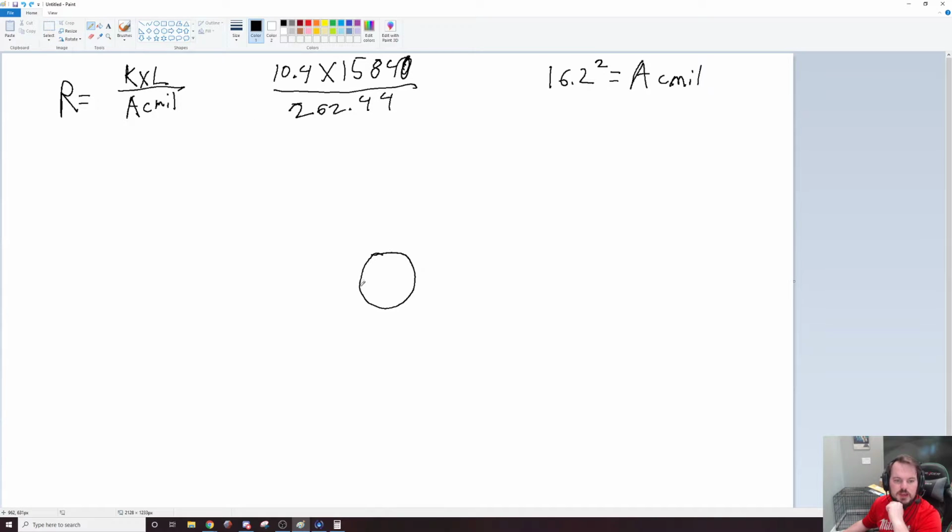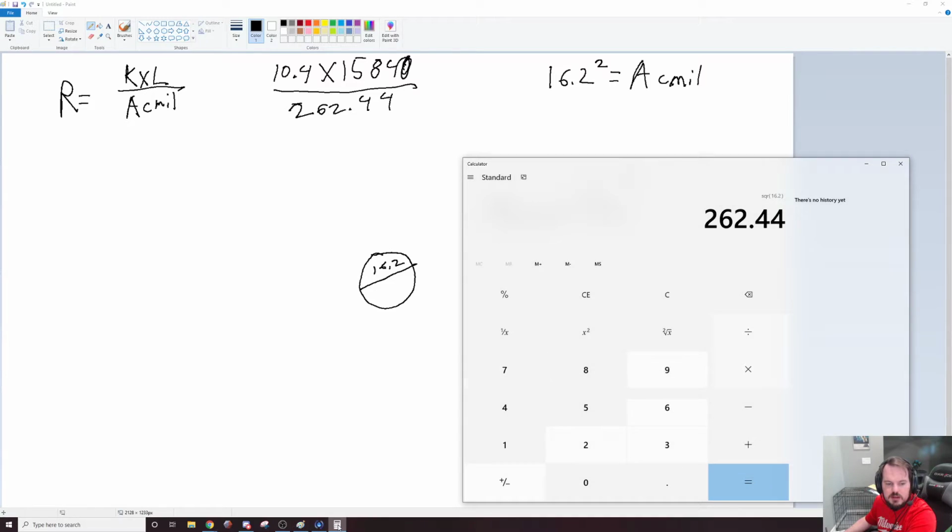So you square that to get the area. Area in circular mils is equal to the diameter in mils squared.